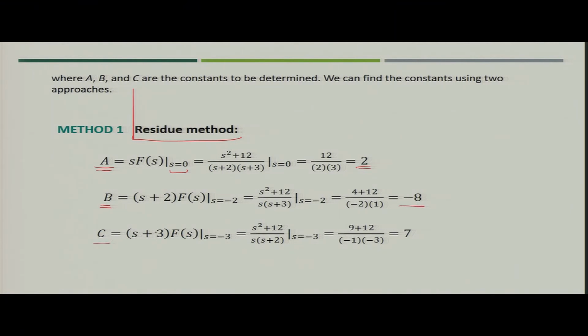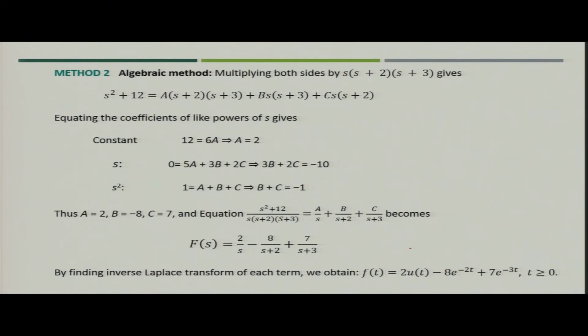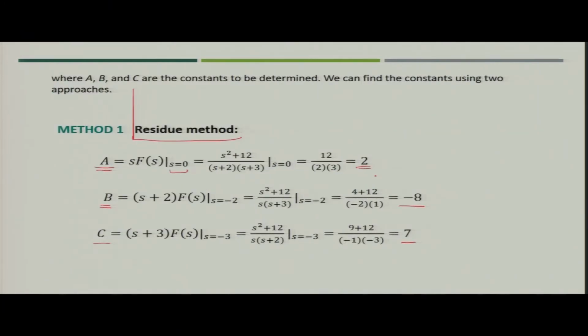Similarly, for C, we multiply the Laplace transform by s plus 3 and find out the value of the complete expression at s equal to minus 3, and when we simplify we get the value of C as 7. So, with this you can easily find out the inverse Laplace transform.